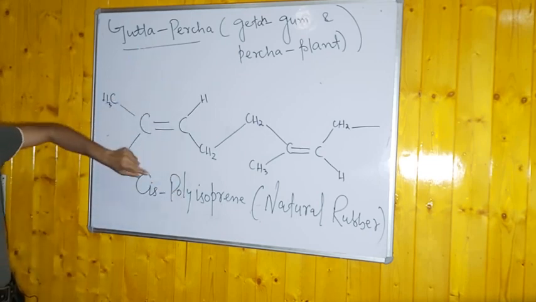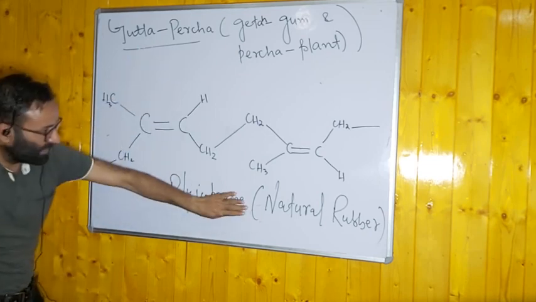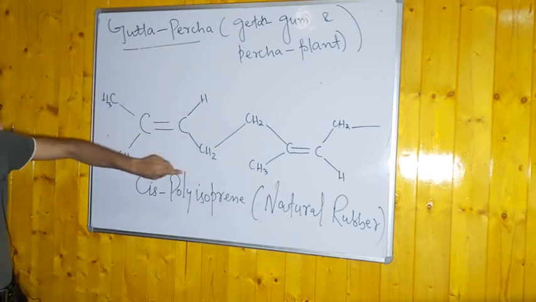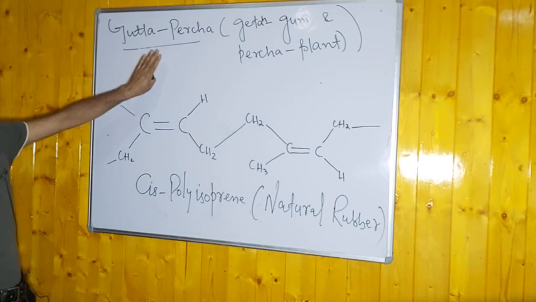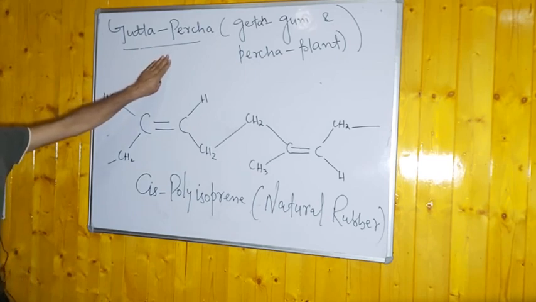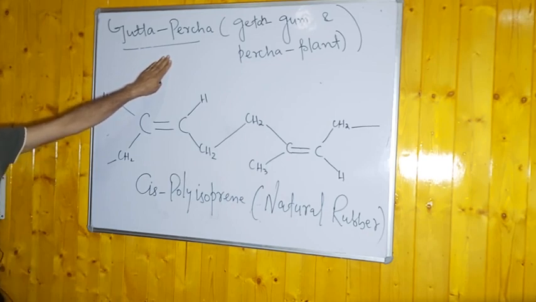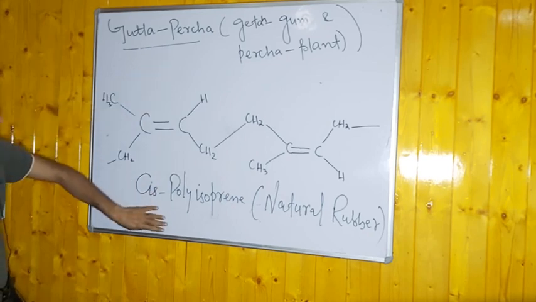The difference between natural rubber and gutta-percha: here the orientation is cis orientation, cis stereochemistry, but in gutta-percha, remember this point, the orientation in case of double bonds is trans. This is the simple difference between the natural rubber and gutta-percha.